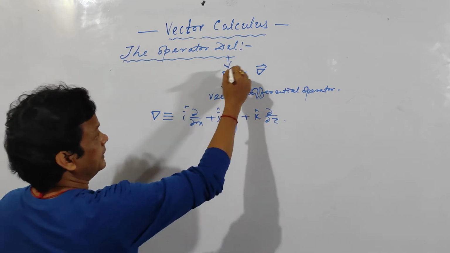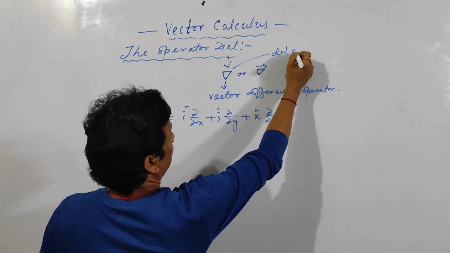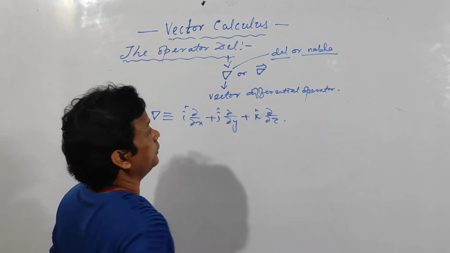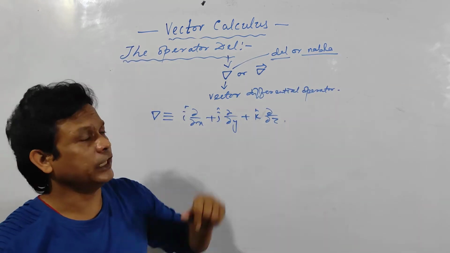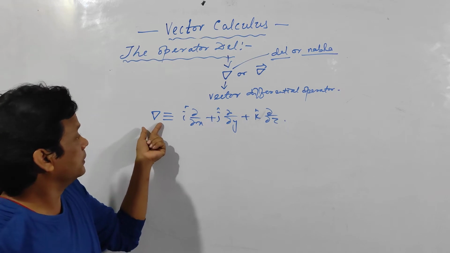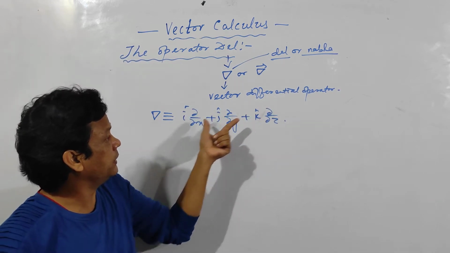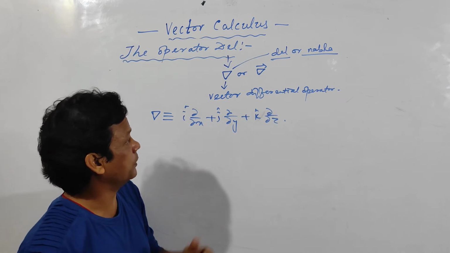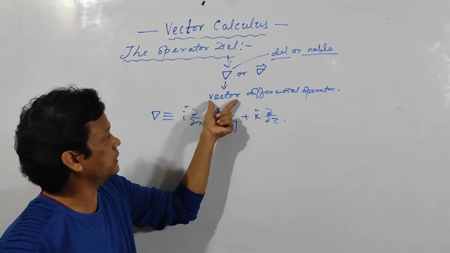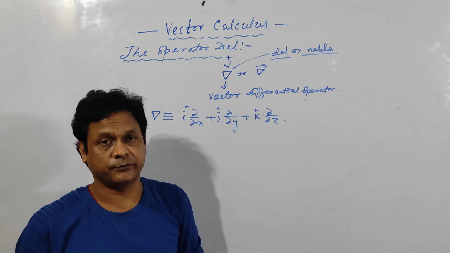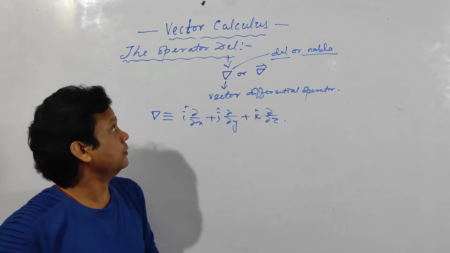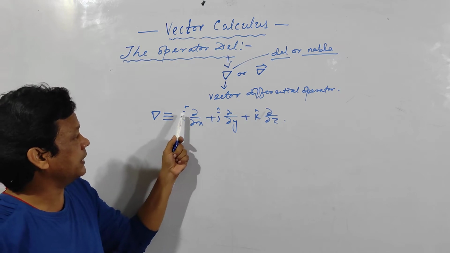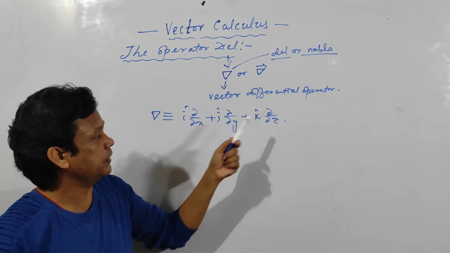And this is read as del or nabla. Since it is a derivative, you can call it a differential operator, and since it is a vector quantity, it is known as the vector differential operator. Okay, now simply remember the meaning of del: i del by del x plus j del by del y plus k del by del z.